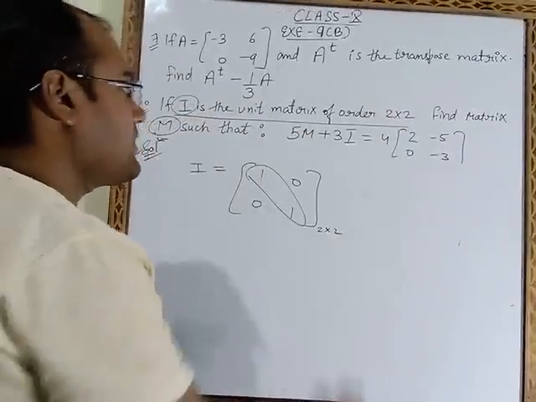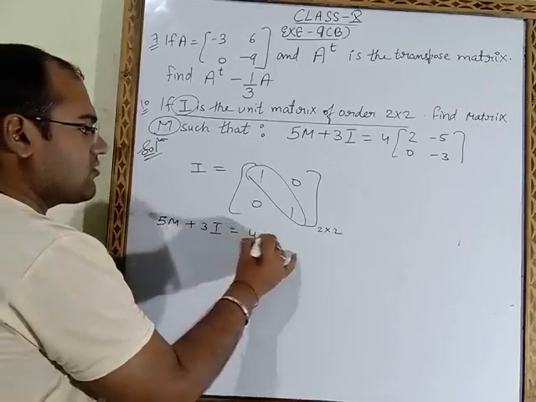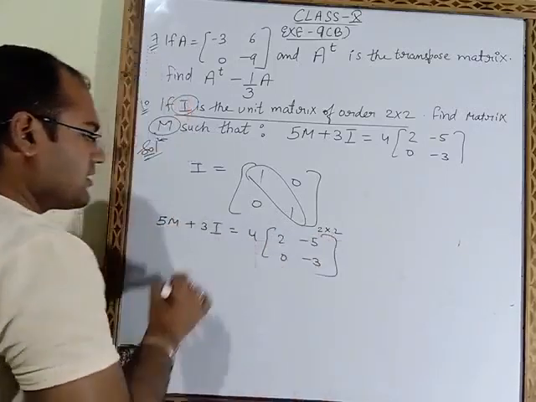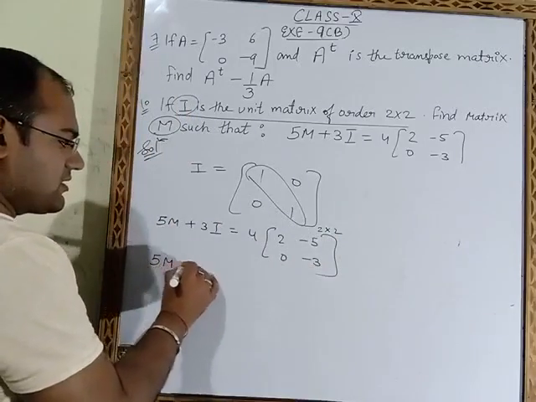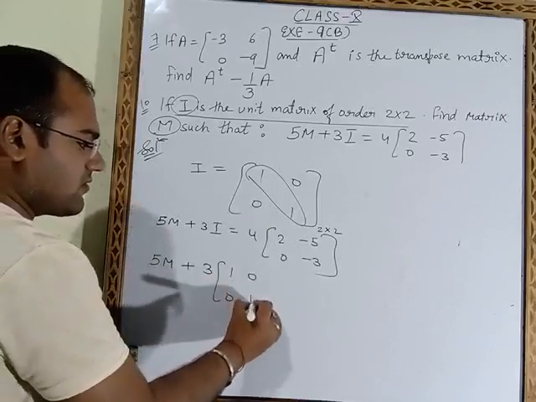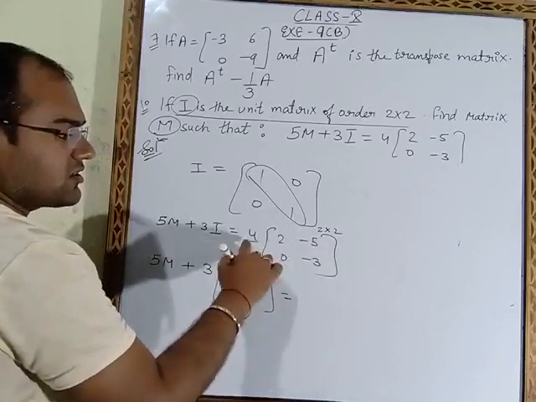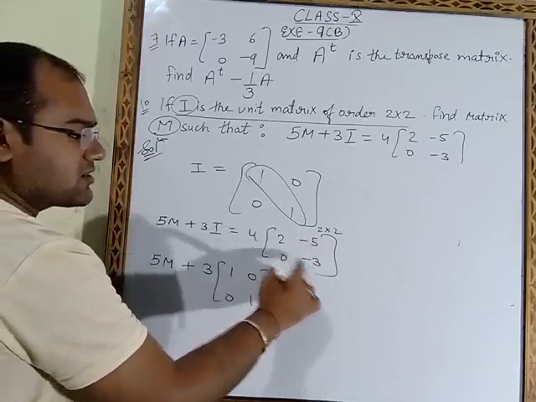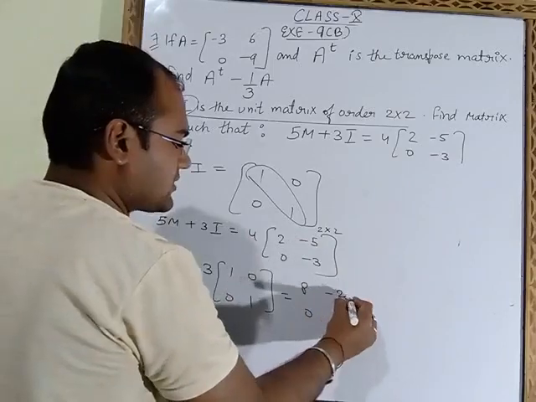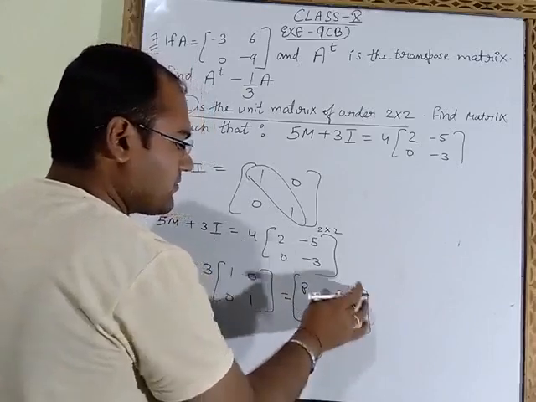We have to find M, and he said 5M plus 3I is equal to 4 times the matrix 2, 0, minus 5, minus 3. Now 5M as it is plus 3I, I matrix we know 1, 0, 0, 1, is equal to, now we will multiply this 4 with each element. 4 twos are 8, 4 zeros are 0, 4 into minus 5 is minus 20, 4 into minus 3 will be minus 12.